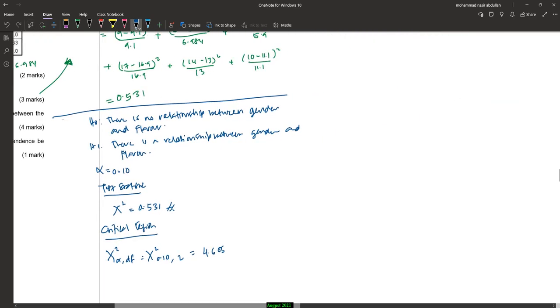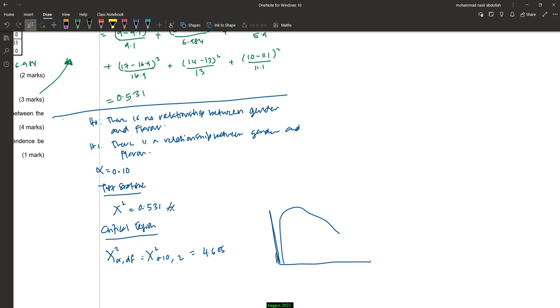So now we draw a region here. This is a chi-squared distribution. Oops, not very pretty. Let's say this is the rejection area, and 4.605 is the critical value. This is the rejection area and this is the acceptance area, right?